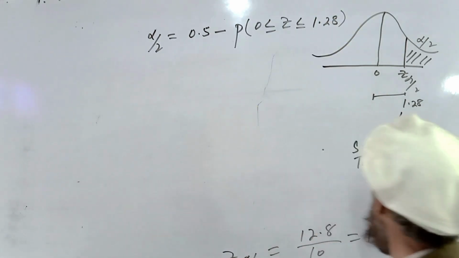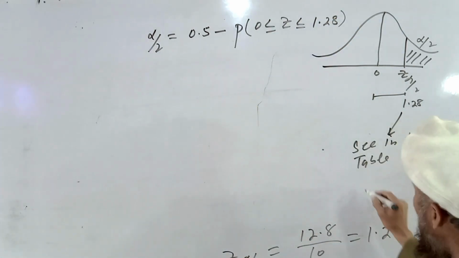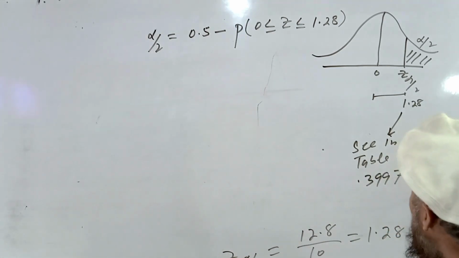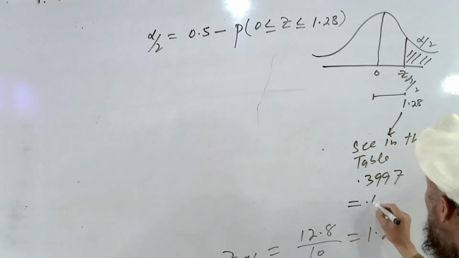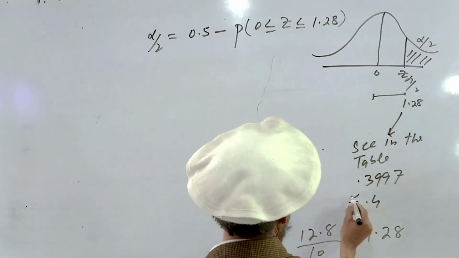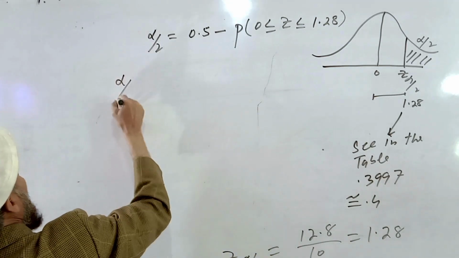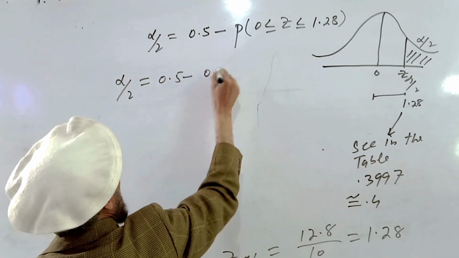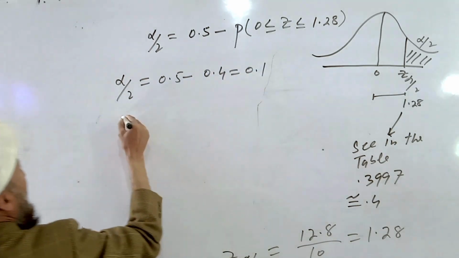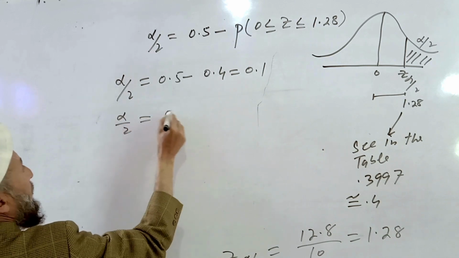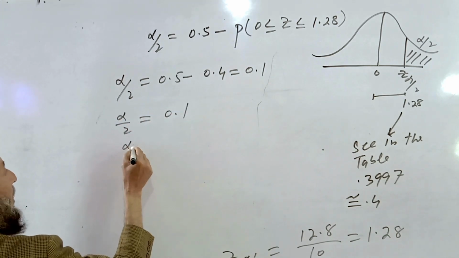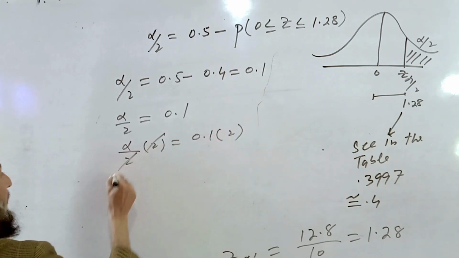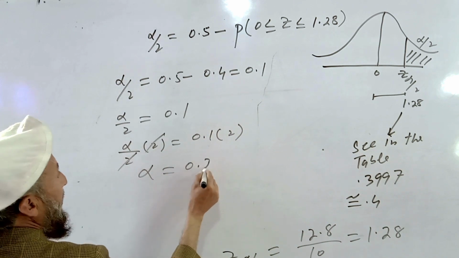We check this area in the table, and we get 0.3997. If we round this number, we get 0.4 approximately. So alpha by 2 is equal to 0.5 minus 0.4, which is 0.1. Multiplying both sides by 2, alpha is equal to 0.2.